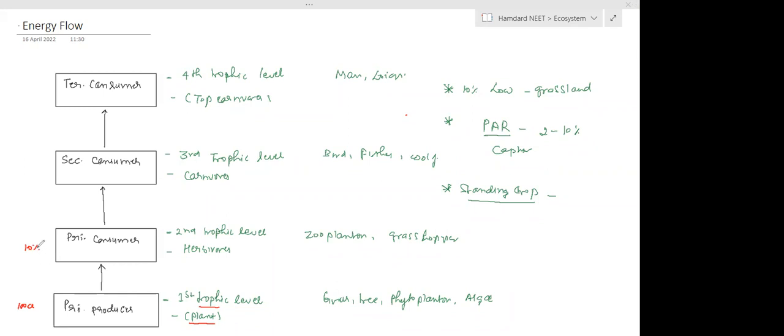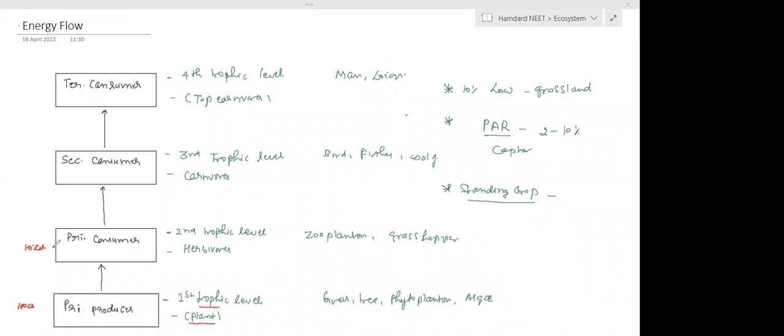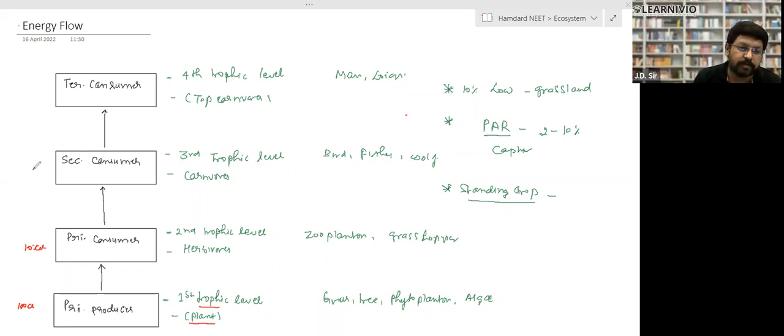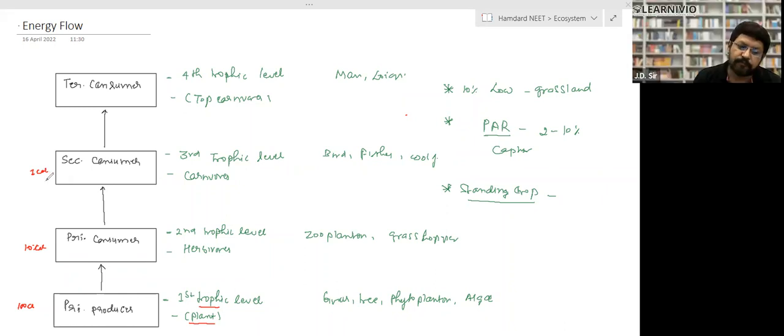Got it? So 90% of the energy is lost, and 10% is received by the herbivore. From the primary consumer, it will become 1 calorie, because again 10% of that 10% is carried forward and the rest is lost. From 1 calorie, it will become 0.1.